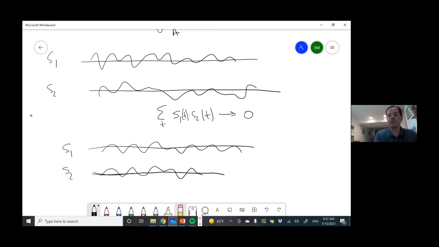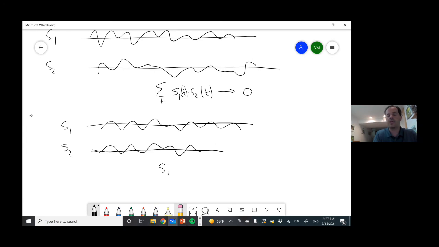Now, when you do the product of S1 of t times S2 of t, this product will always be positive, because if S1 is positive, S2 will be positive as well. When S1 is negative, S2 will be negative as well. But in both cases, the product is positive. So when you sum over t numbers that are always positive, this will be larger than 0.